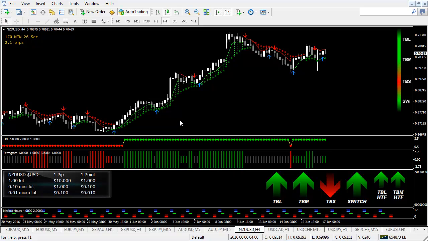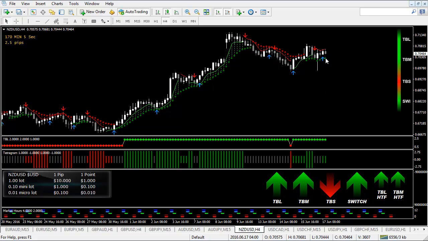We get 4 out of the 4. We've got the TBS, we've got the TBM, we've got the TBL, and the switch. They're all the same. They're going the same direction. Then we're going to get the big bars on the tetragram. The arrows that we see and the heat map, they tell us what we're looking at on the current chart.